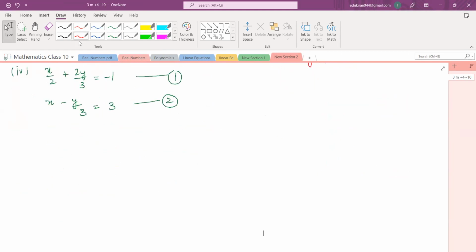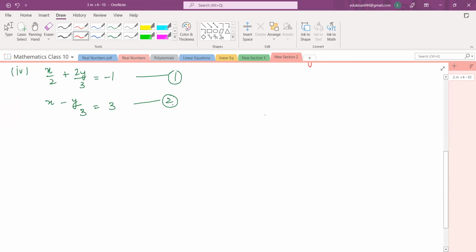Now look very carefully at x here. In the first equation, it's actually x multiplied by half, isn't it? So if I multiply the second equation by half, I'll get x by 2, correct?